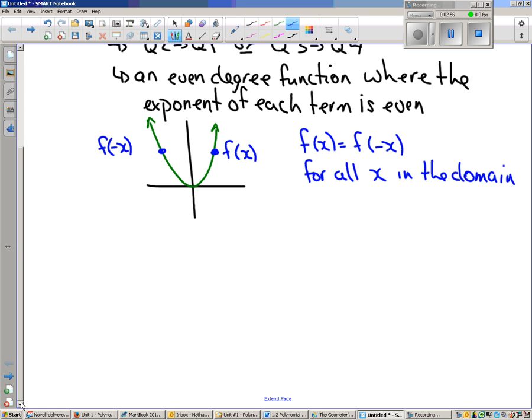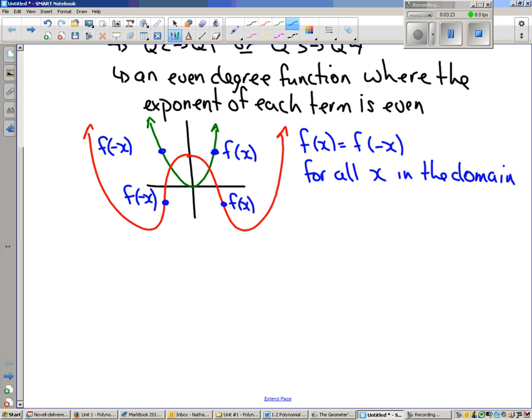We could get an even function that looks a little bit different. It could look like that, but we're still going to get the same condition where f of x has the same y value as f of negative x.